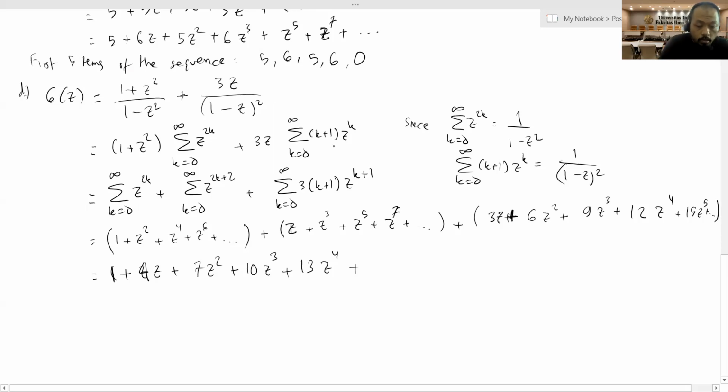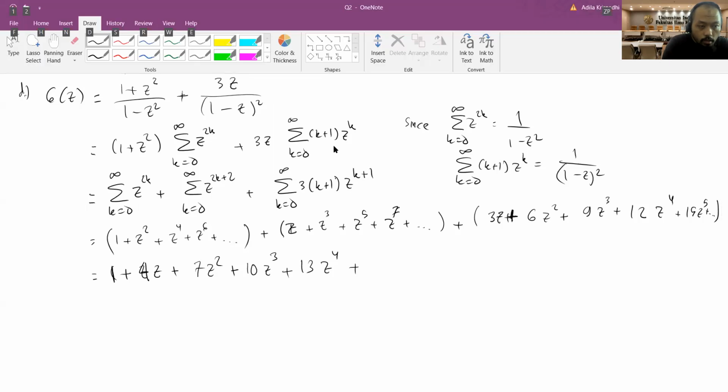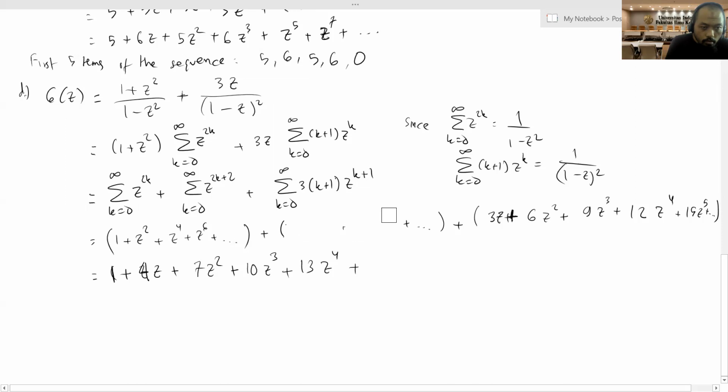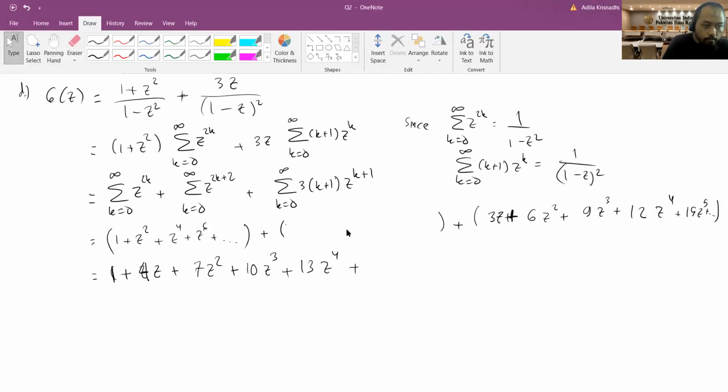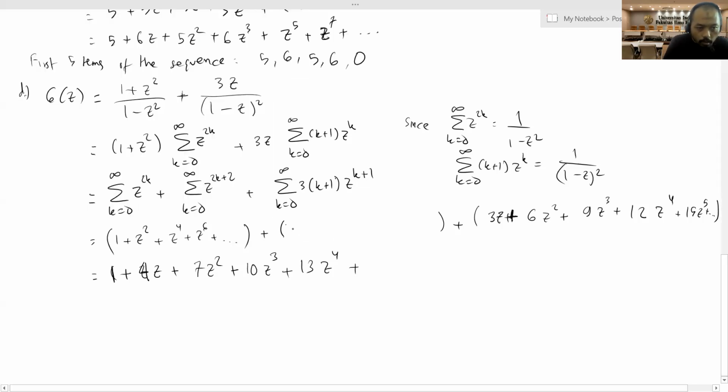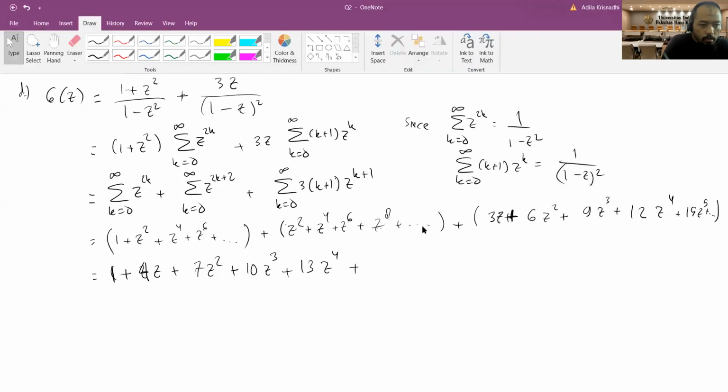So that means our summation becomes, this one is wrong, and this becomes z squared plus z to the power of 4 plus z to the power of 6 plus z to the power of 8 plus and so on.